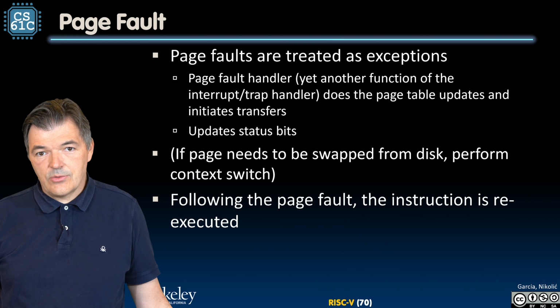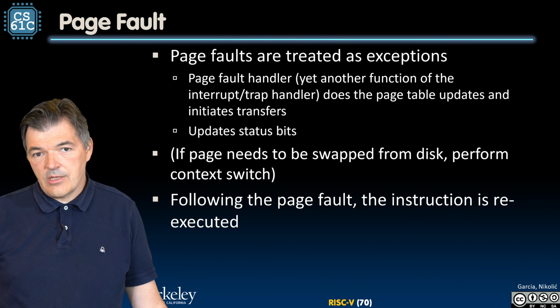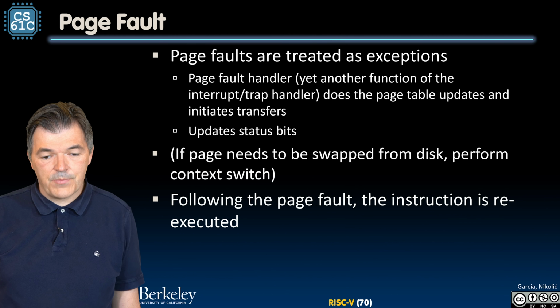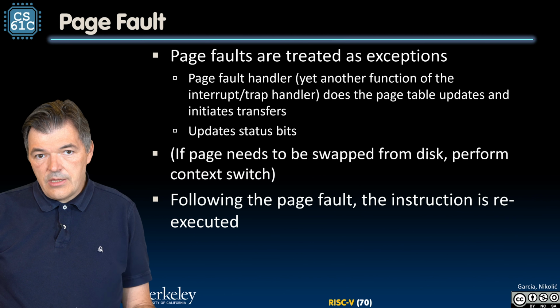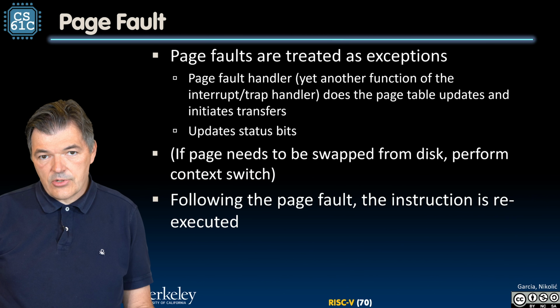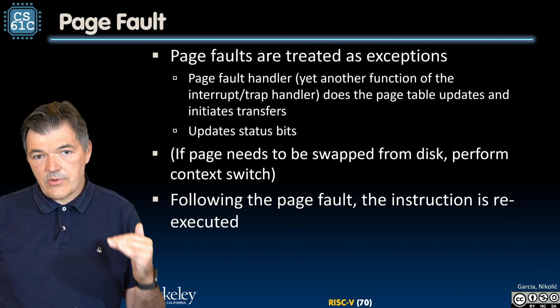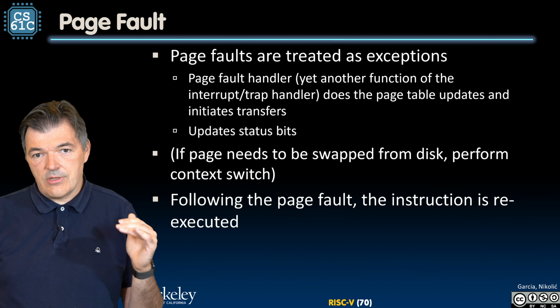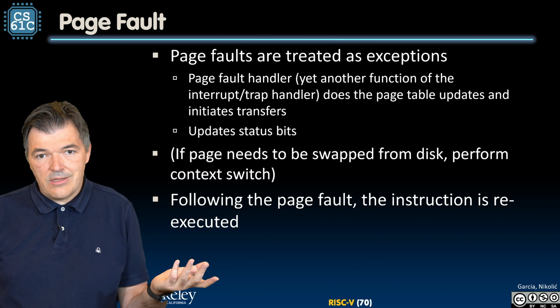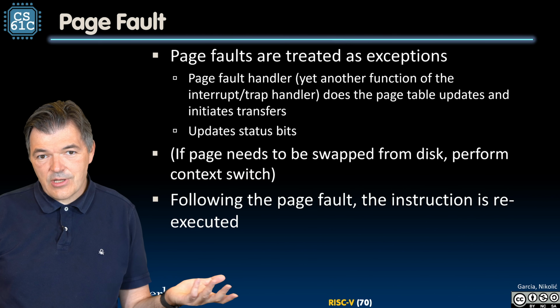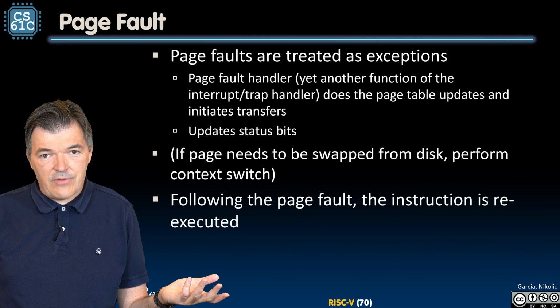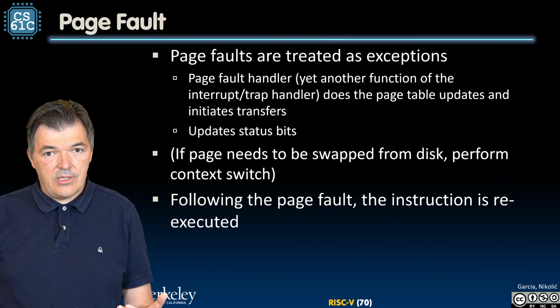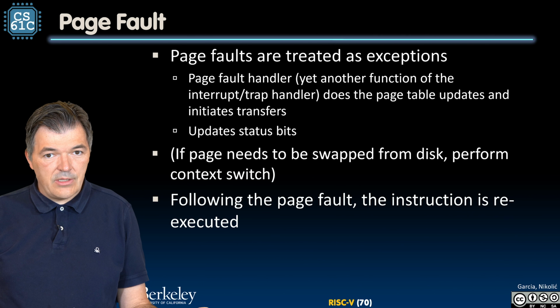It's a perfect time to initiate a context switch and have some other process use the processor while the data is coming in. Then, following the page fault, the instruction is re-executed. Remember, when we raise the exception, we are canceling that instruction that is in flight, load or store. It has no hope of finishing if the data is not valid, so it will wait for the data to be valid in the memory and complete the instruction.